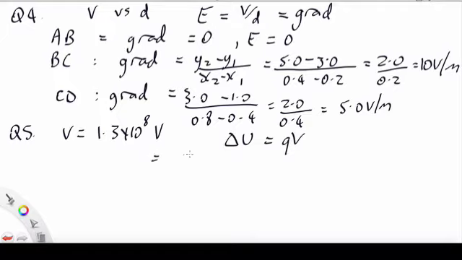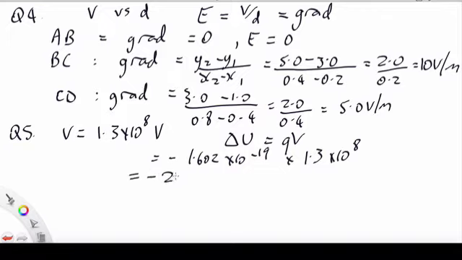So it's losing potential, the amount it's losing is 1.602 by 10 to the minus 19, so that's the charge, times the potential. And that, if we choose to do it in joules, it is minus 2.08 by 10 to the minus 11 joules, or we could choose to keep it in electron volts, which would be just 1 times that voltage. So 1.3 by 10 to the 8 electron volts, still minus of course.